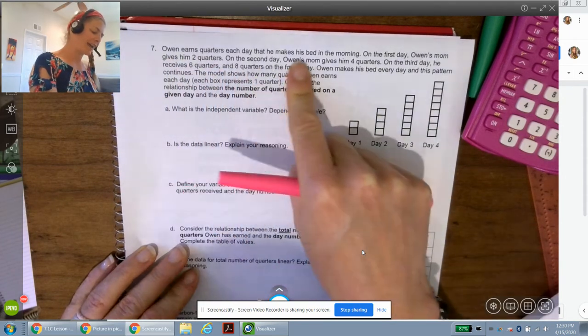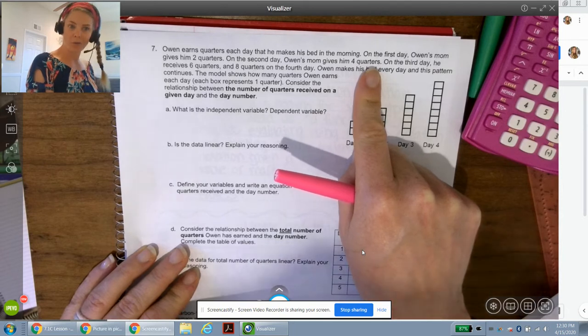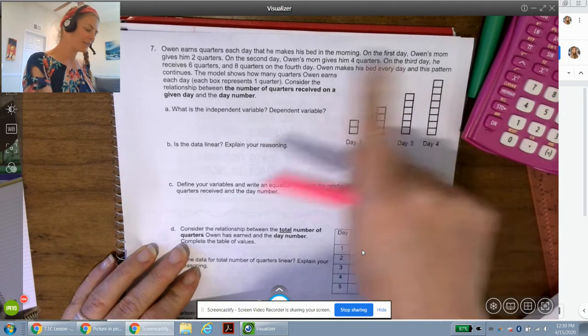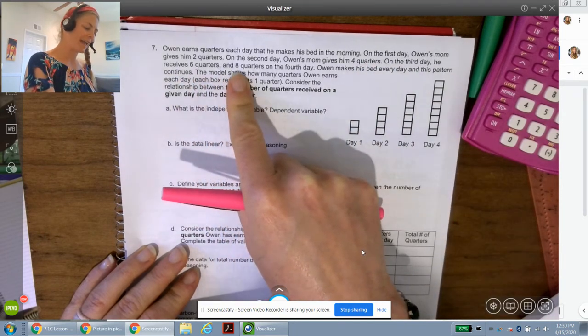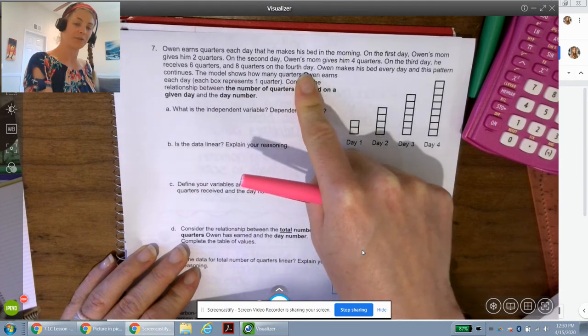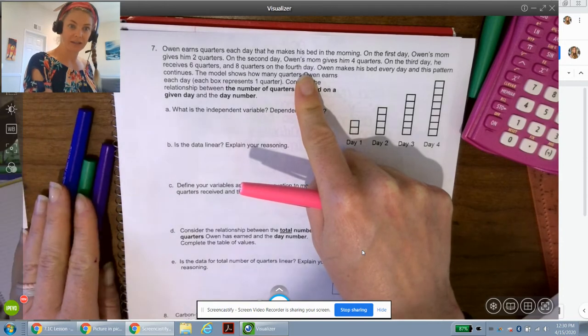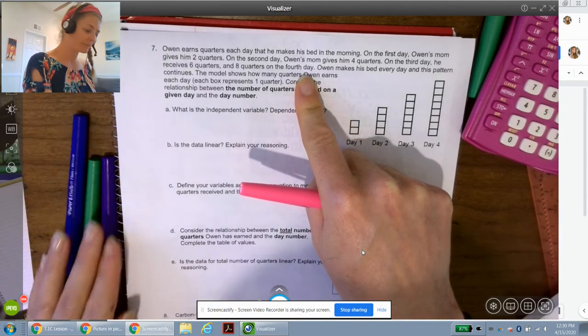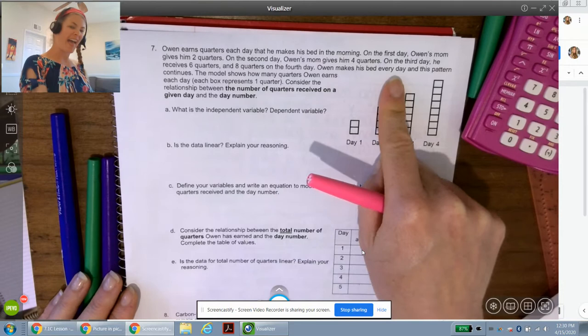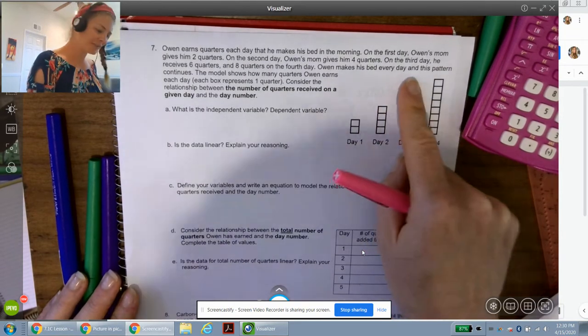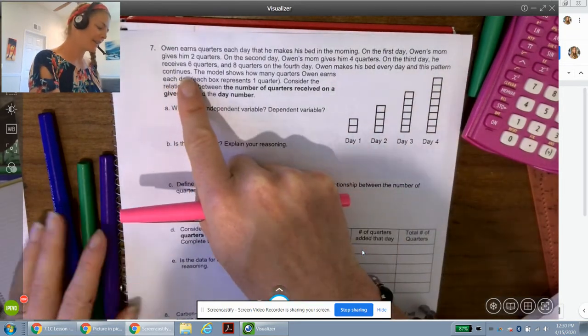On the second day, 4 quarters. On the third day, he receives 6 quarters and 8 quarters on the 4th day. Because making your bed for 4 days in a row consecutively is kind of tough. Owen makes his bed every day, all those 4 days, and this pattern will continue.